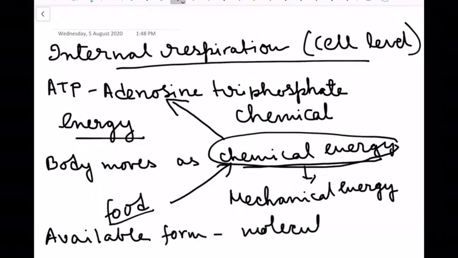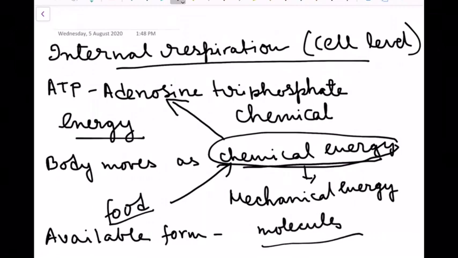Like other matter, it is also available in the form of molecules. So students, when I come across this term ATP, 1 ATP, 2 ATP, 38 ATP, don't get confused. I'm talking about number of ATP molecules.